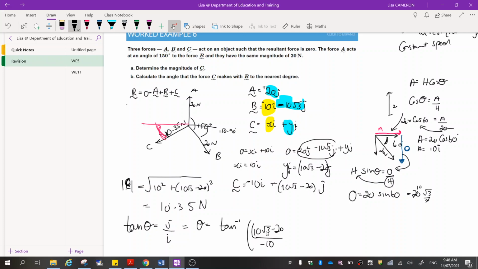They're both negatives. Chuck that in your calculator.